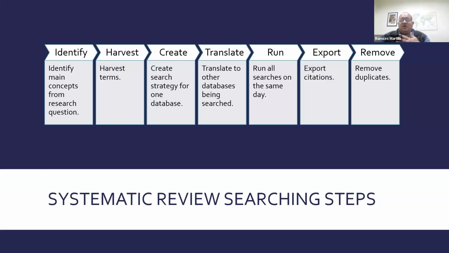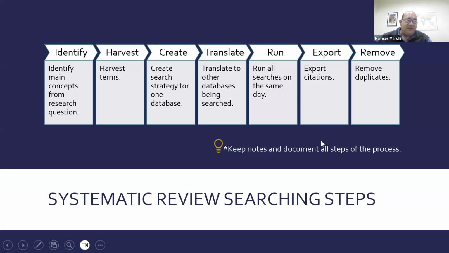Then we're going to run all the searches on the same day. They have to be run on the same day. You're going to export your citations and then remove your duplicates. As a reminder, keep notes and document all the steps of the process. That is one of the stipulations. Just make sure you document everything.